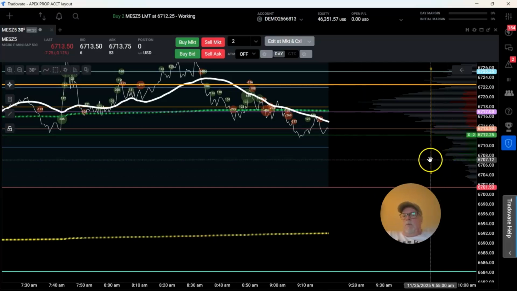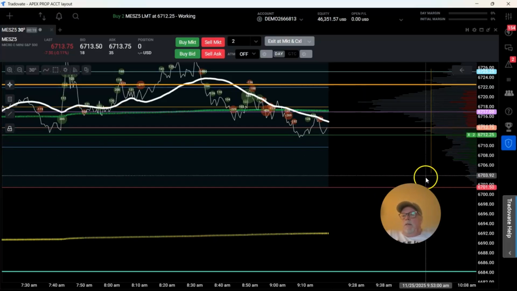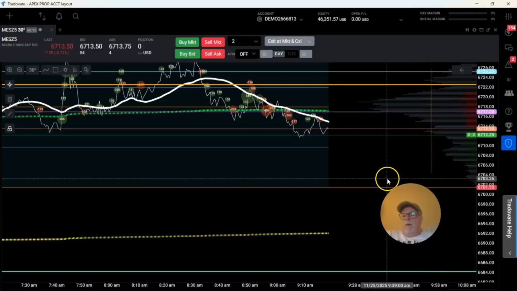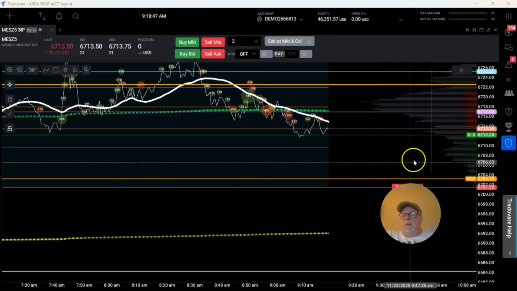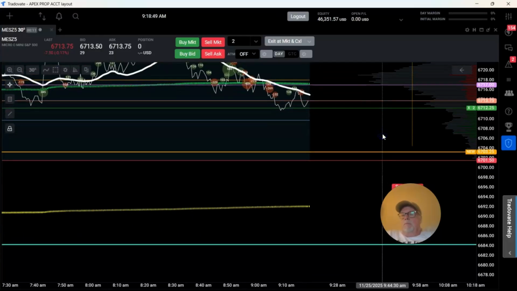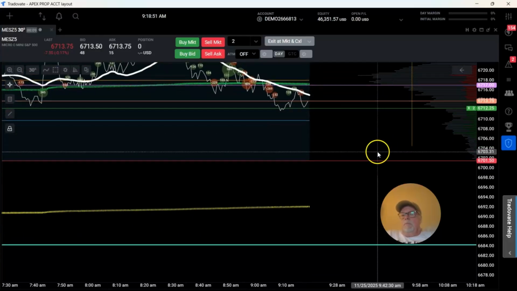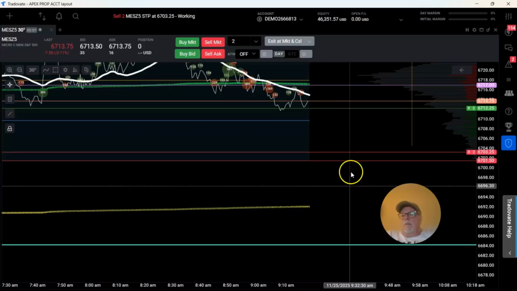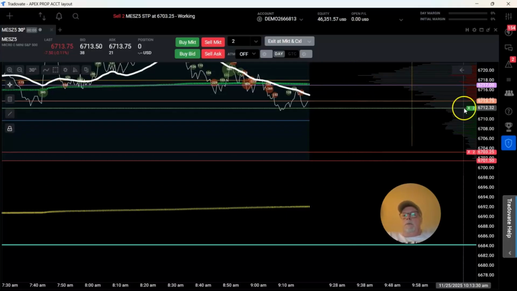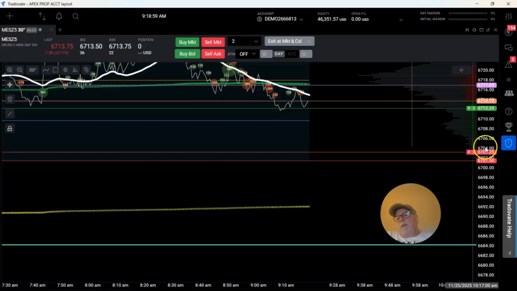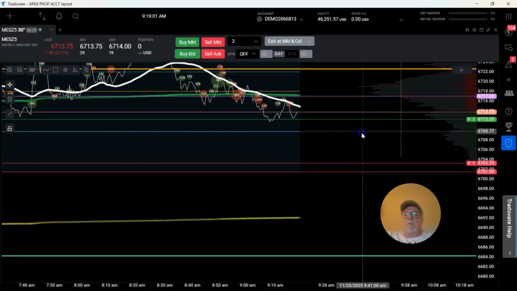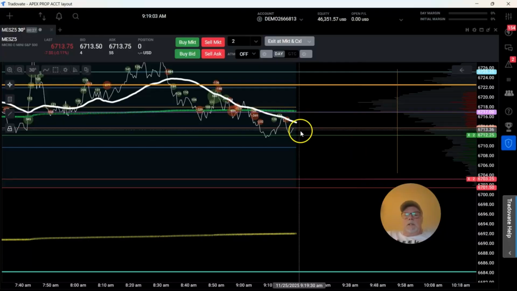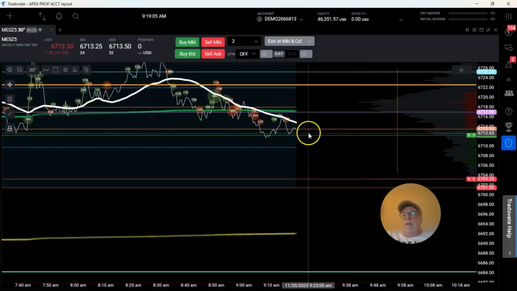We'll try to go up here, come down about 10 points or so, put a stop. There it is. Now remember, 10 points or 9 points on this stop is only $90. So let's see if we come down and get filled here.